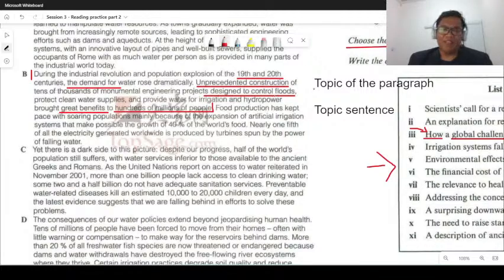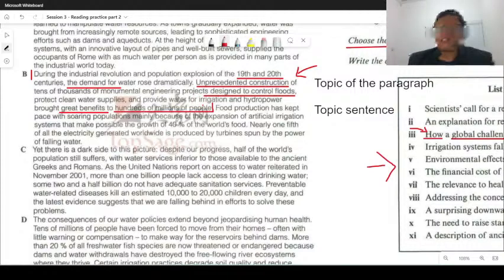Now that was discovered just in the first two sentences, right? And that's one way where you can check if your answer is correct. The topic sentence should be identified, and we can see that the topic sentence is in the second sentence of this paragraph. Right?